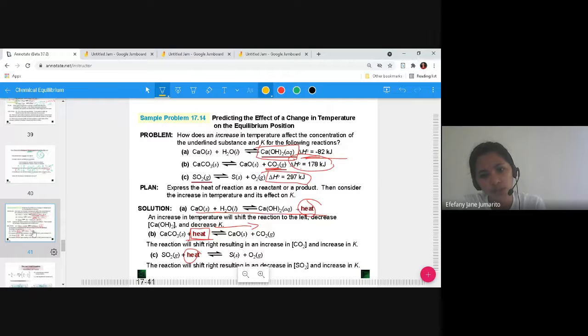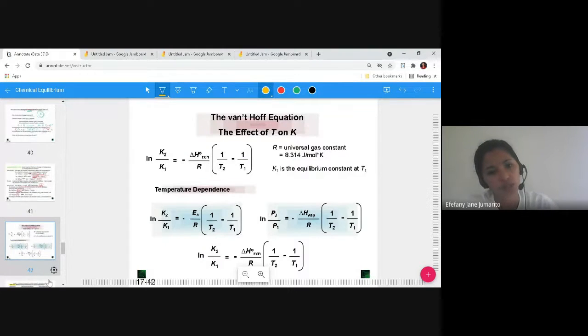For an exothermic reaction, the reaction will shift in the opposite direction, to the left. But for endothermic, it will go forward.